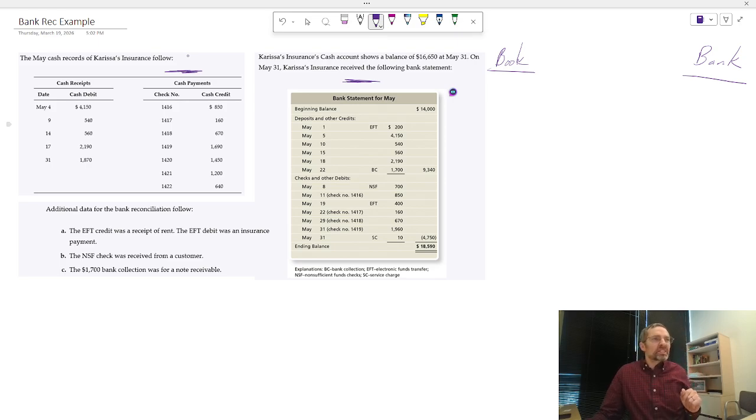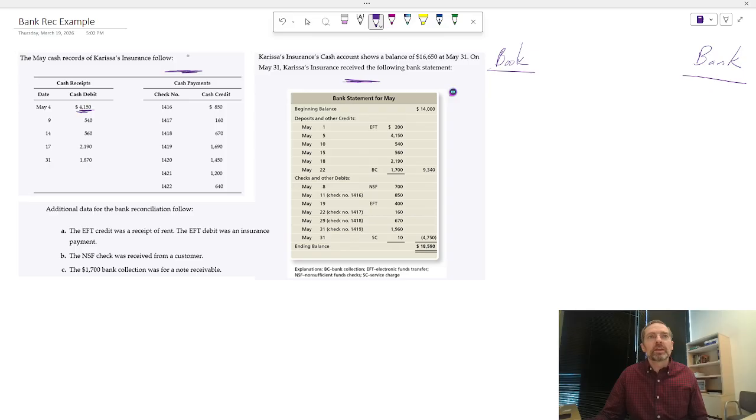All right, first step is we're going to figure out what matches between the two. People, when they do this, are usually going through and doing check marks, and that's what I like to do as well. So I'm going to check for the things that match. Let's look at our receipts. I have a receipt on May 4th for $4,150 according to my books.